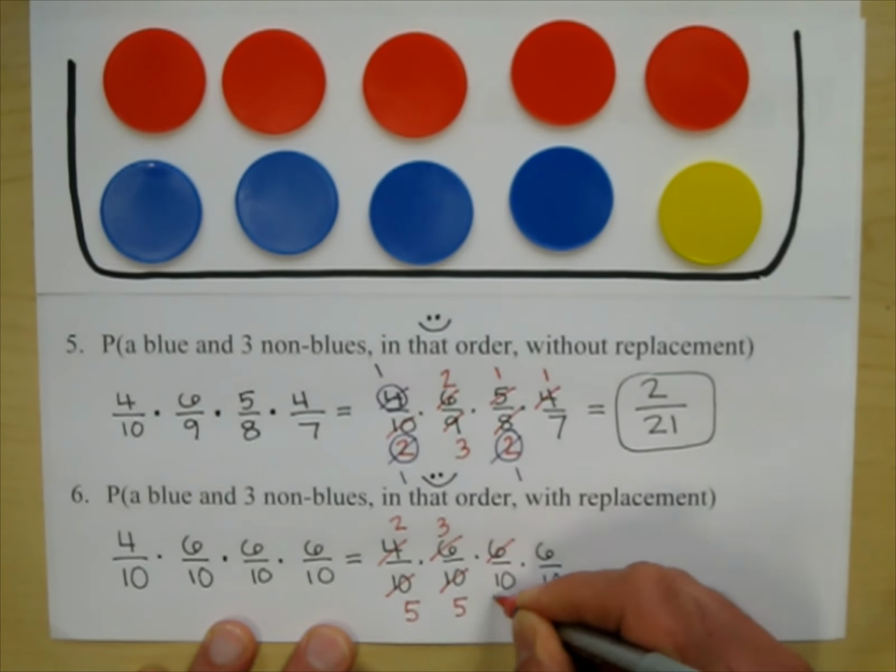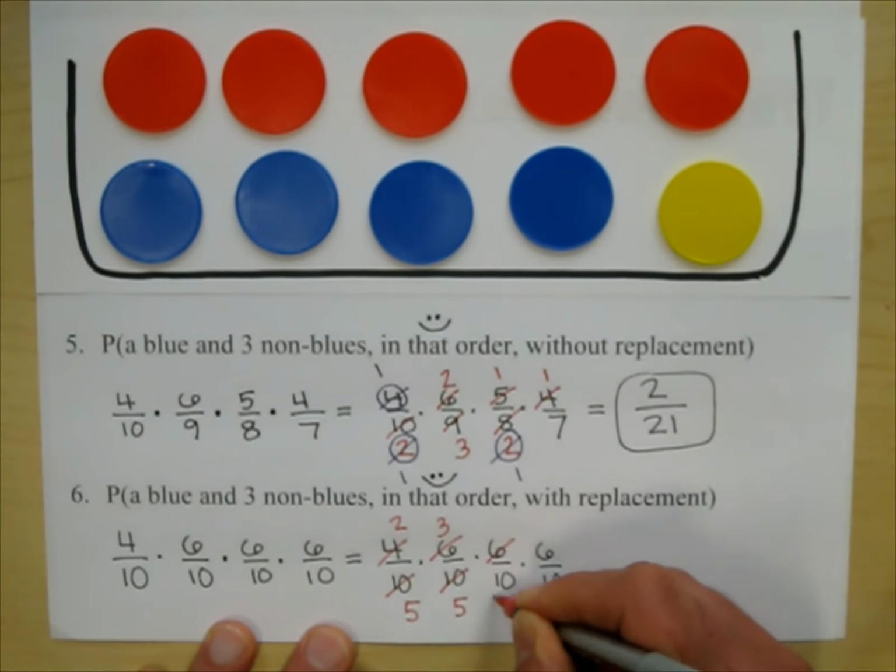Problem number 1 was 1/18 and problem number 7 was 1/9, and that was pulling a red and a yellow out without replacement. Not necessarily in that order, and in that order gave me different answers. What makes this problem so different? And you can check out some of the other ones like 8 and 9. Those gave me different answers than the ones that I did in that order.